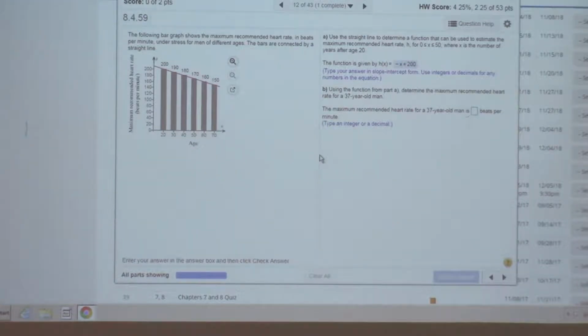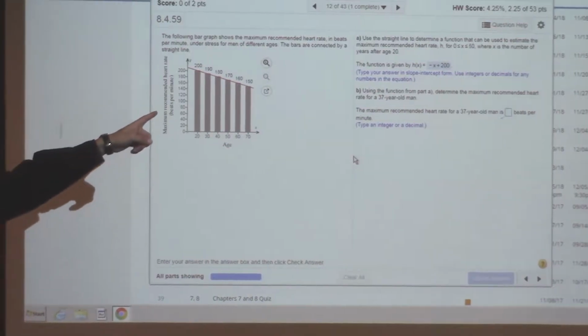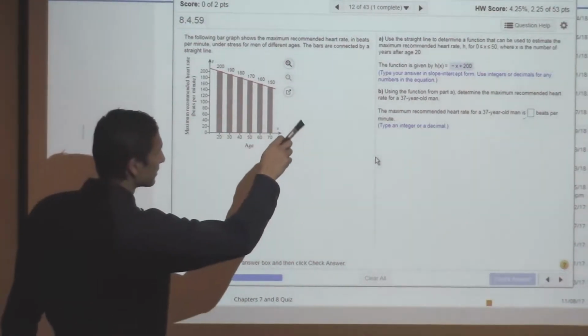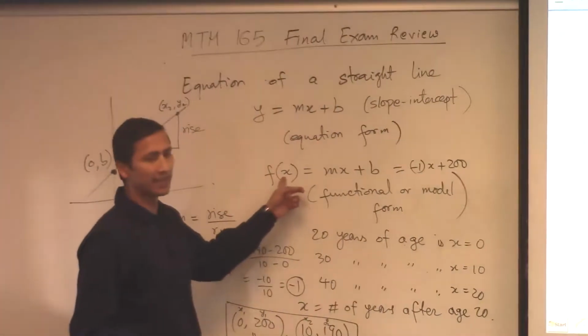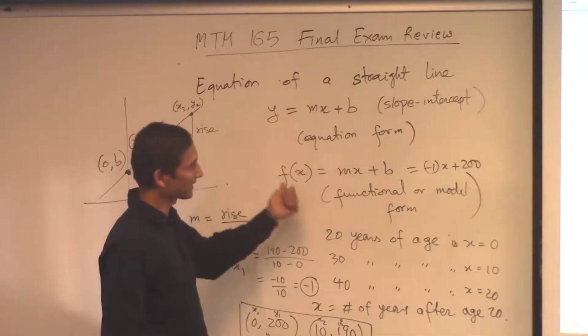Okay. Now the second part says use that function to determine the maximum recommended heart rate for a 37-year-old man. So again you have to go back to x. If you want to find the y value, you need to find the corresponding x value.